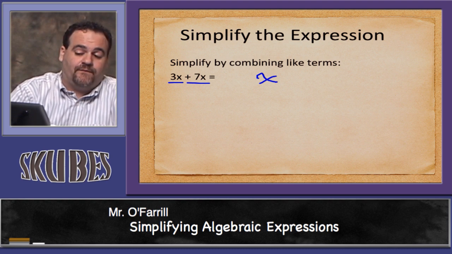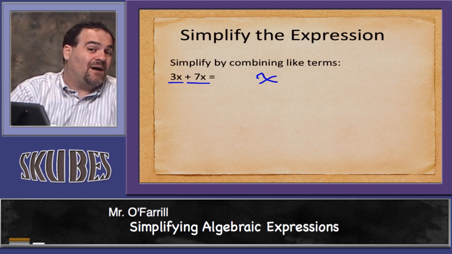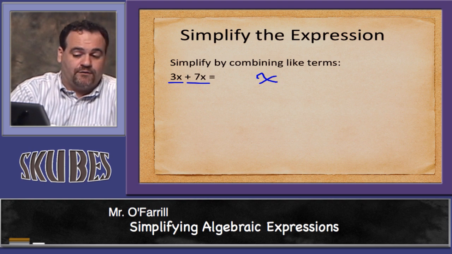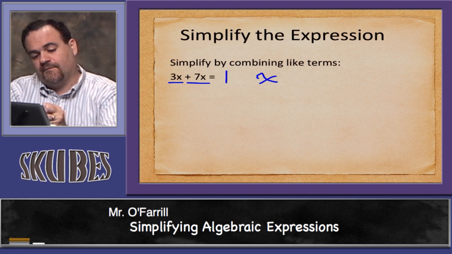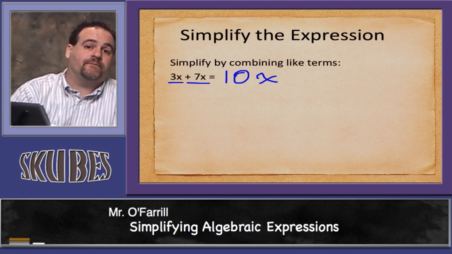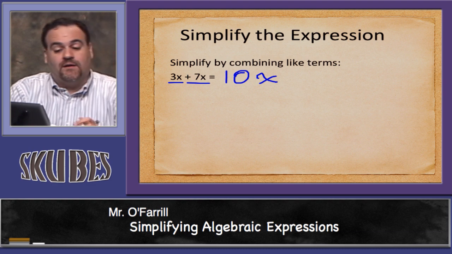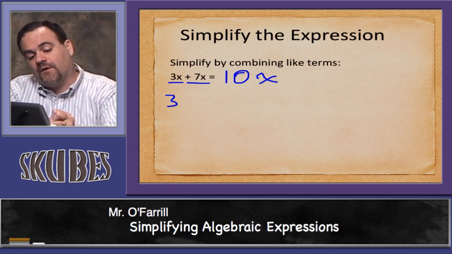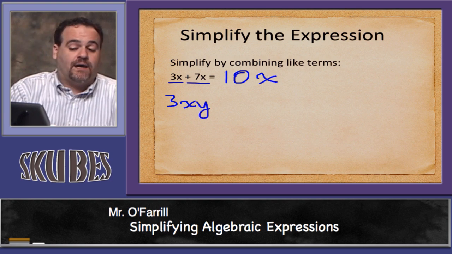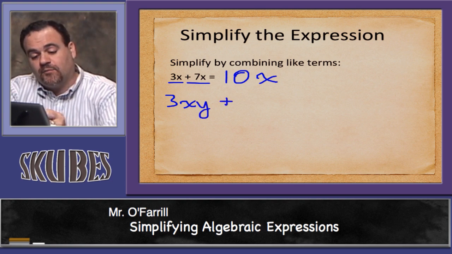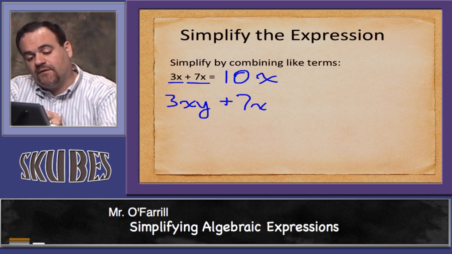So we have an x, and then we just do what the operation says to the coefficients. 3 plus 7 is 10. Now we could do the same thing if this had been a 3xy plus a 7xy.